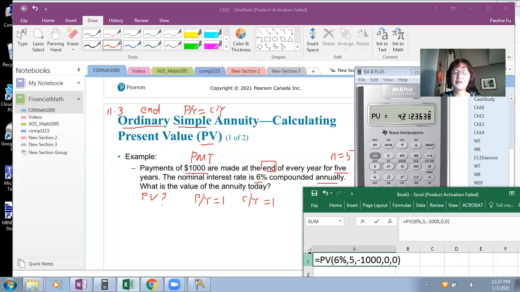Closing bracket, and you get the same number as we got from the calculator. So this is the second method.